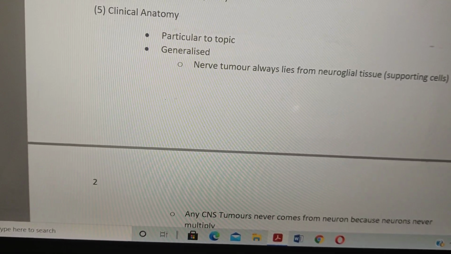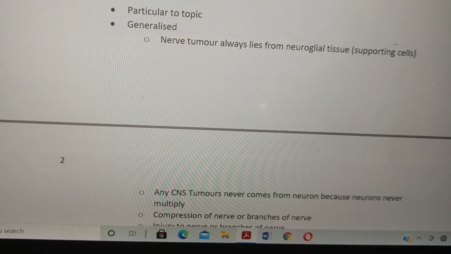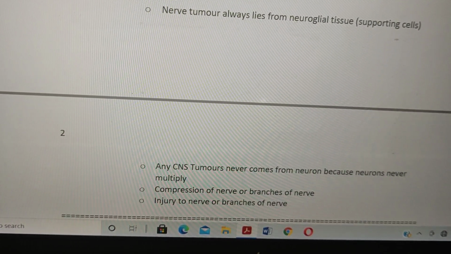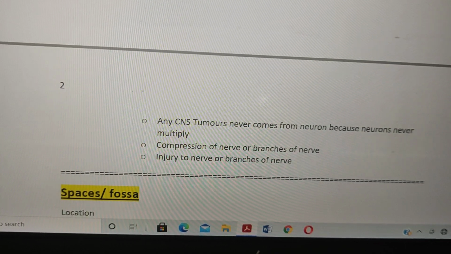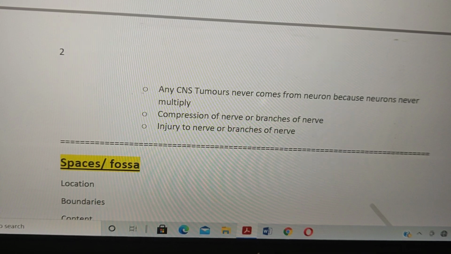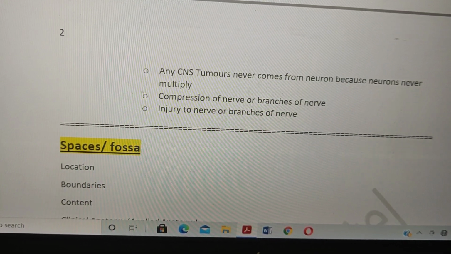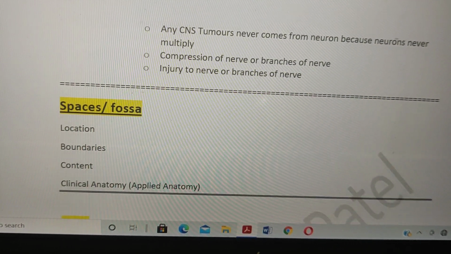In general, you have to write about tumors of the nerve itself. Any tumor of the nerve does not come from the neurons but from the neuroglial cells. Neurons never multiply, so the tumor never comes from the neuron.